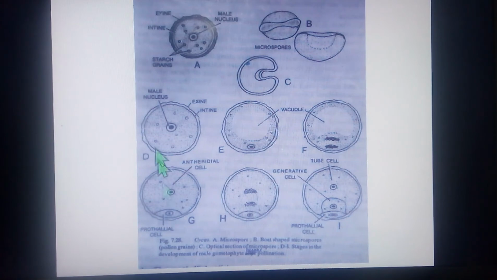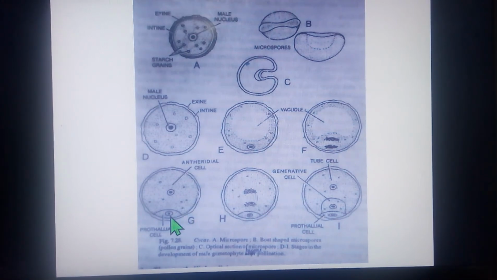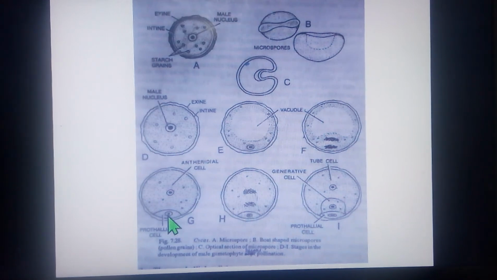Due to the formation of this cell wall, it cuts off a small lenticular prothallial cell, referred to as the prothallial cell, towards the proximal end, and a large antheridial cell at the other end.